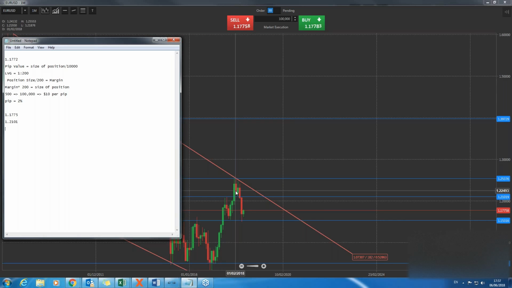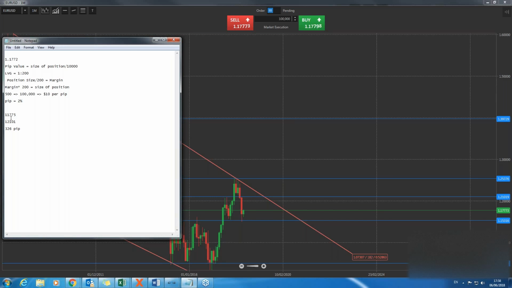The difference in points, in pips, between those two numbers is 326 pips. If any of you don't know how to calculate the difference in pips between two prices, just erase the decimal and subtract 12,101 minus 11,775.